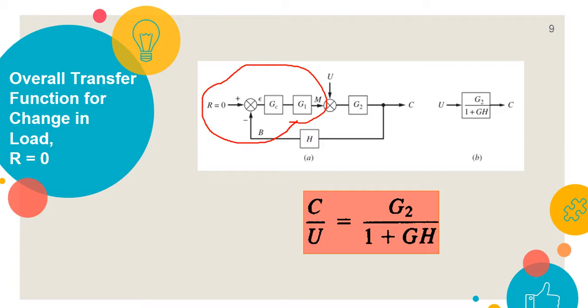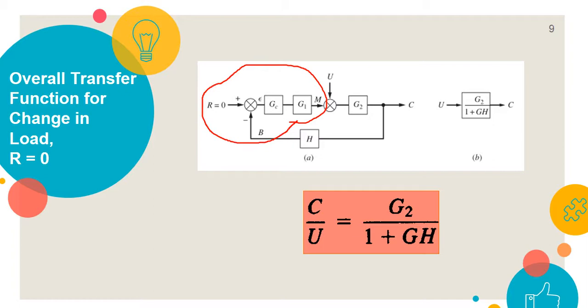Now, there's something that I'd like to really emphasize here. Although we have cut this part of the system, because nothing goes inside here in terms of changes of the set point, nothing is being received by these particular blocks or transfer functions, you could see that still the denominator consists of the sum of 1 and the open loop transfer function.